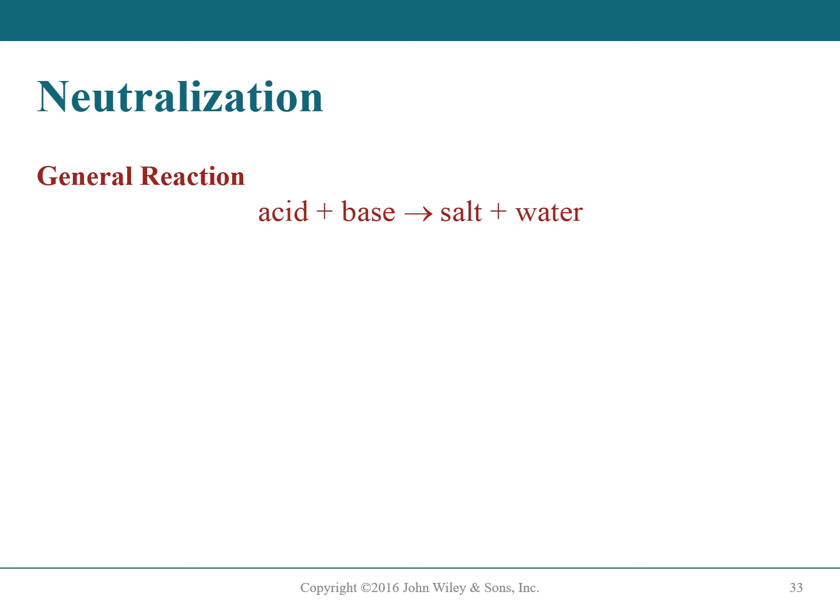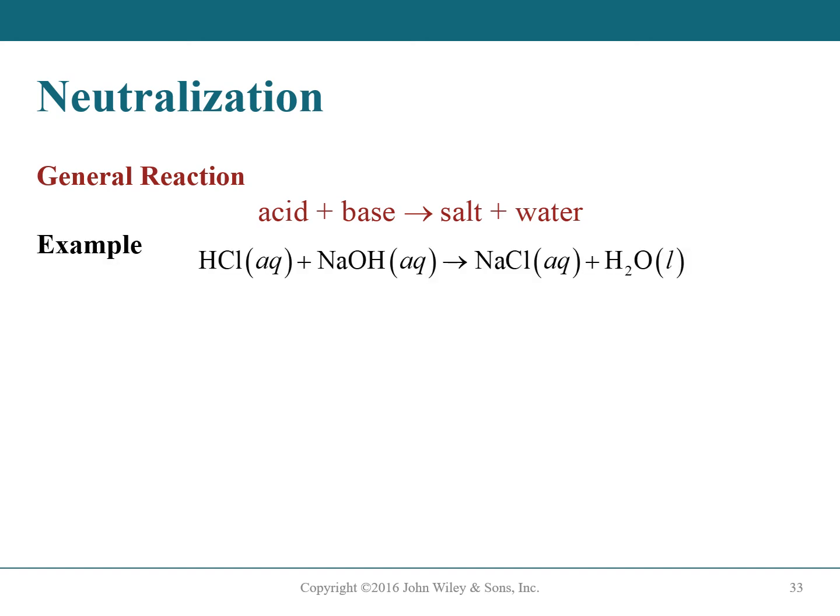All right, let's talk about the reactions. Now that we know how to do calculations to talk about acidic and basic solutions, let's talk about the reactions. An acid and base reaction, neutralization in fact, will give me salt and water at the very end.